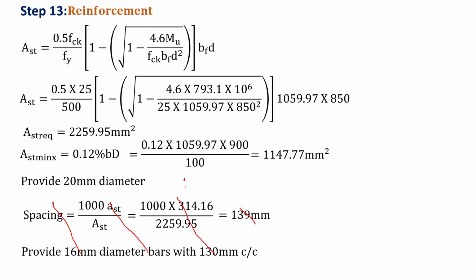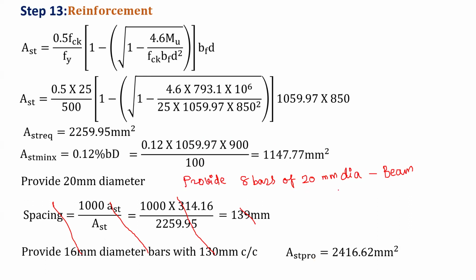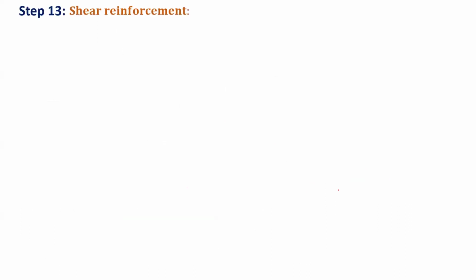So provide 8 bars of 20 mm diameter. As we are designing beam, not slab, and our width that is equal to 400. Here we have BF, so we have to find number of bars over here. And then Ast provided will be 2416.62 millimeter square.